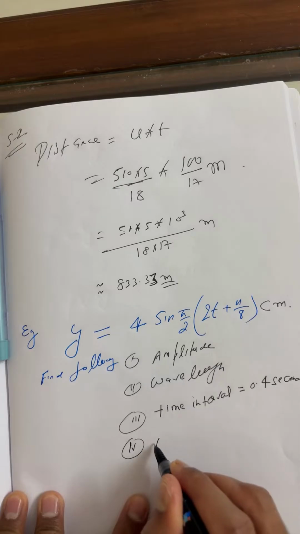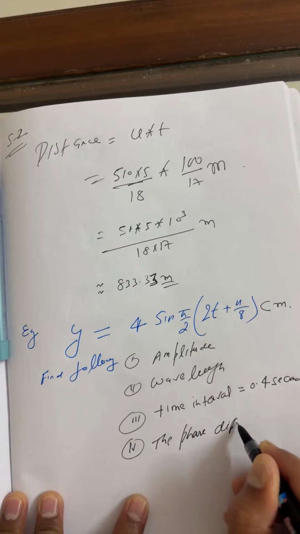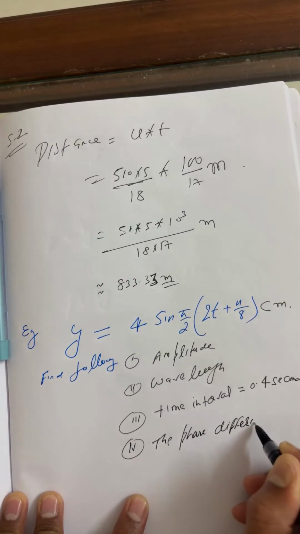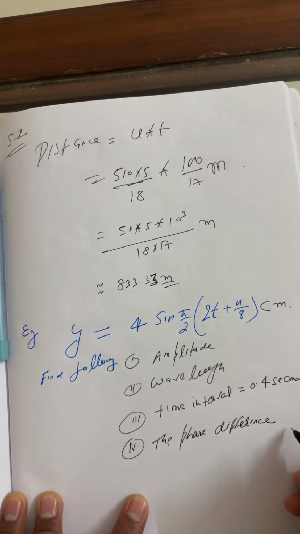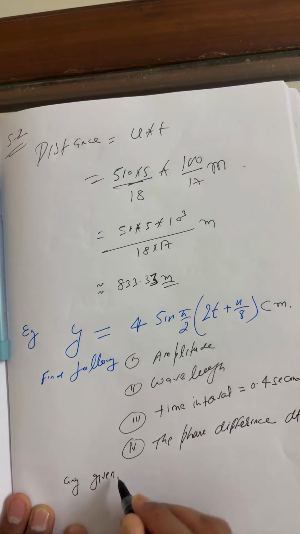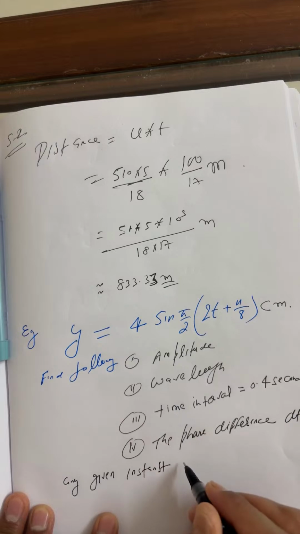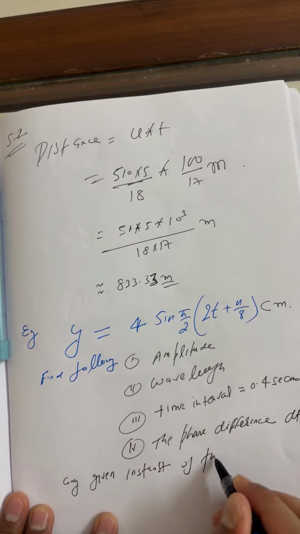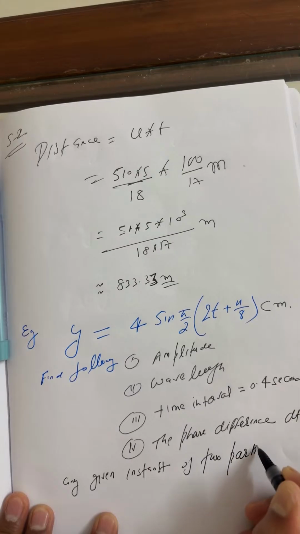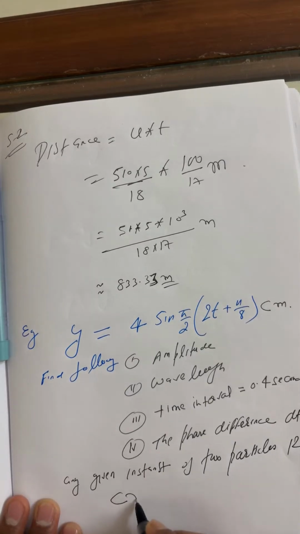Next, point number 4. The phase difference at any given instant of two particles 12 centimeter apart.